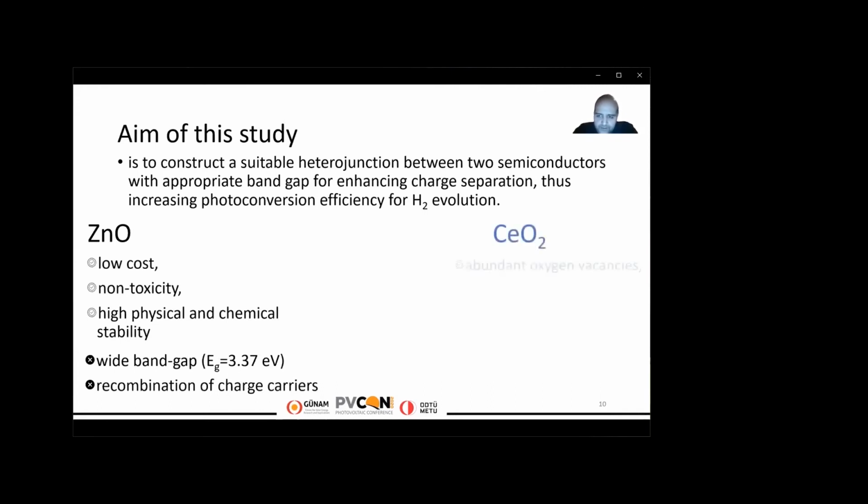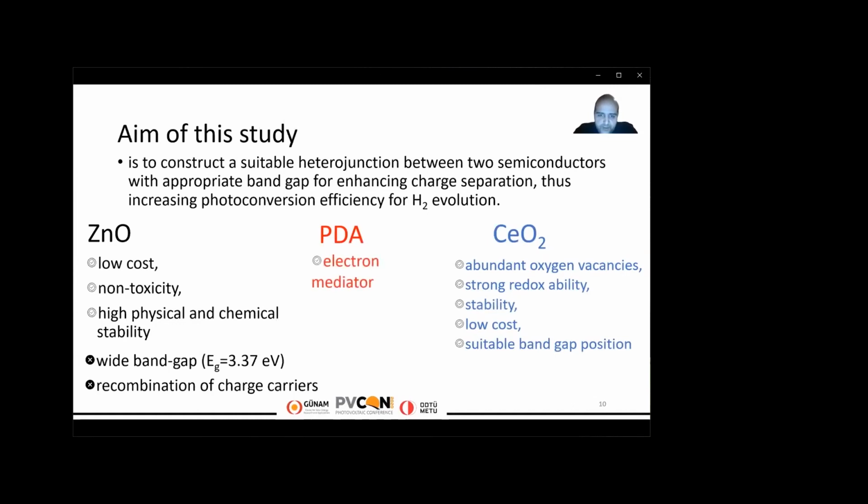So we used cerium oxide because it has abundant oxygen vacancies, a strong redox ability, a stable molecule, and low cost. Also it has a suitable band gap position when combined with zinc oxide. And as an electron mediator, we used polydopamine. Also, we synthesized zinc oxide in star shapes, so we increased the number of active sites.